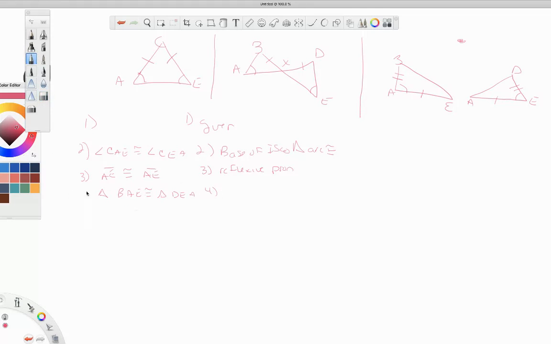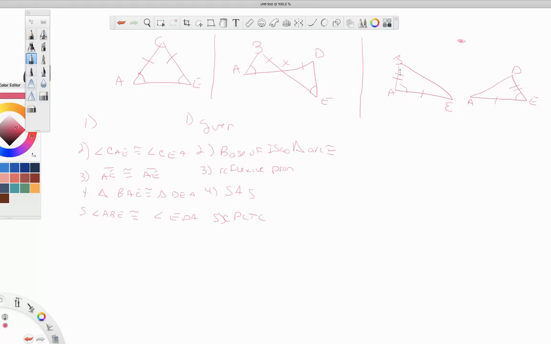And we said the two triangles are going to be congruent because of what? Side, angle, side. So now I can say that angle ABE is congruent to angle EDA because of CPCTC.